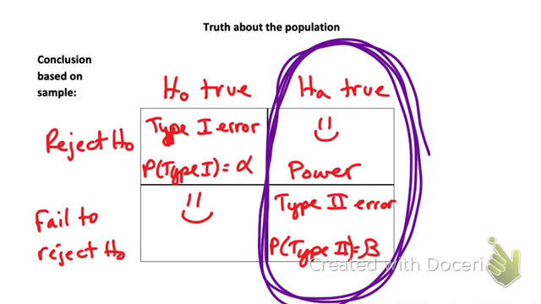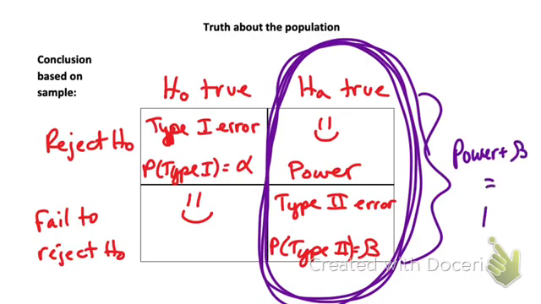So that is why these add up to 1. Power plus beta equals 1. I can only make one of those two decisions when my alternative is true. I'm either going to reject the null and take that true alternative, or I'm going to fail to reject the null and not take the alternative, and that would be a bad decision.